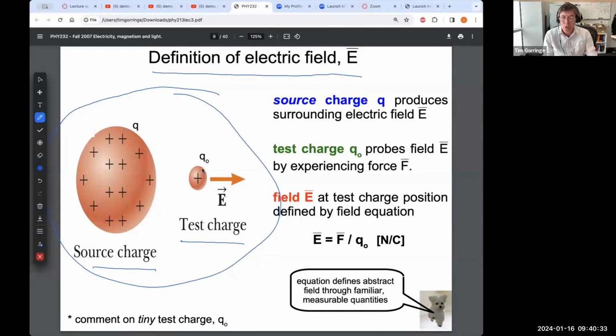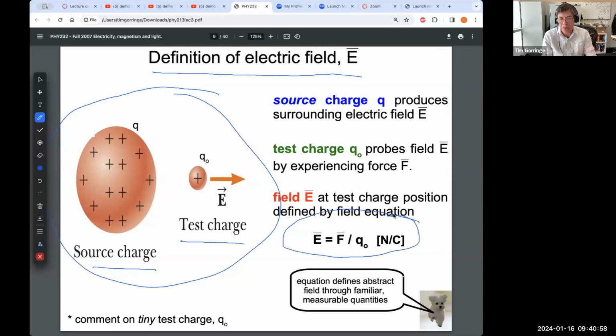And we can define the electrical field in terms of the charge of the test charge, that's the Q naught here, and the electrical force that the test charge is experiencing. And so that argument takes us to this important equation here. It's a simple equation, but it's a very important equation.